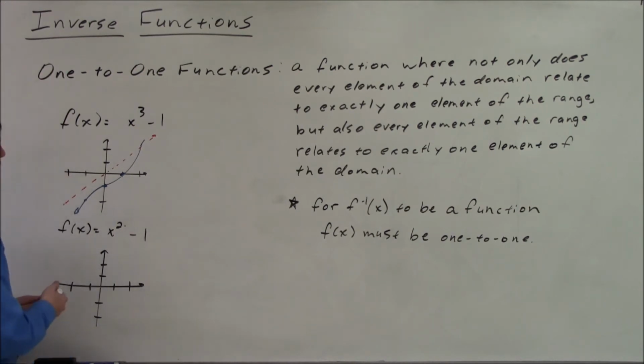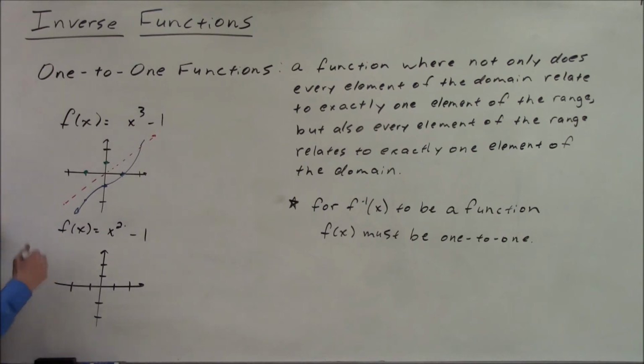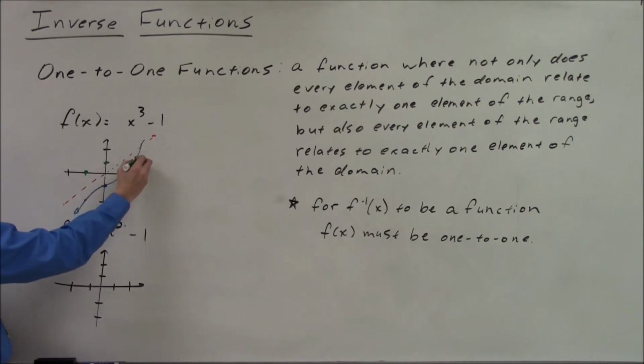So when we reflect it, we're going to get there, because instead of it being over 1 down, or over 1 up 0, we're going to go up 1 over 0. Instead of it being over 0 down 1, it's going to be back 1 up 0. And then this one here where it was left 1 down 2, we're going to go down 1 and right 2. Which should put us somewhere over here.